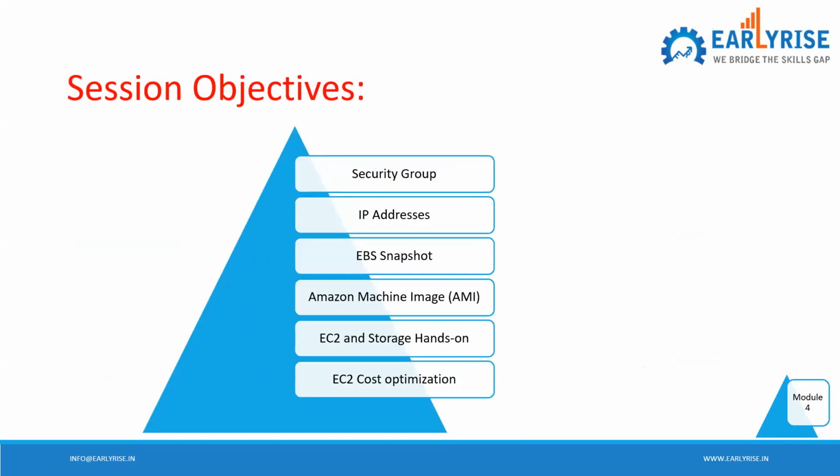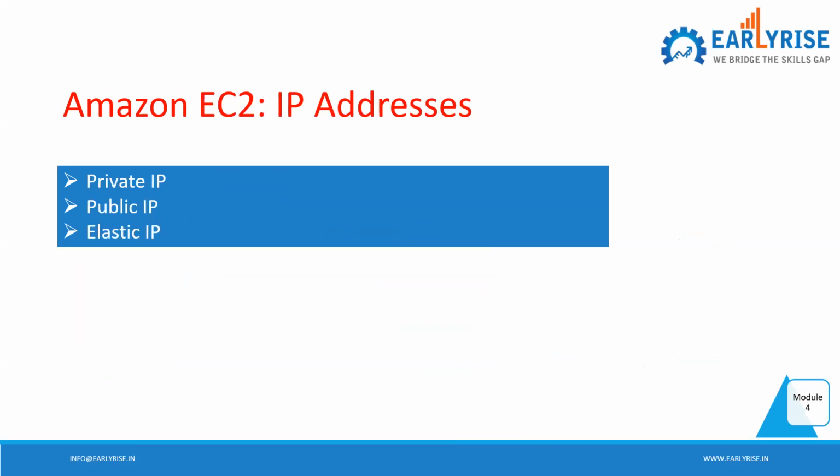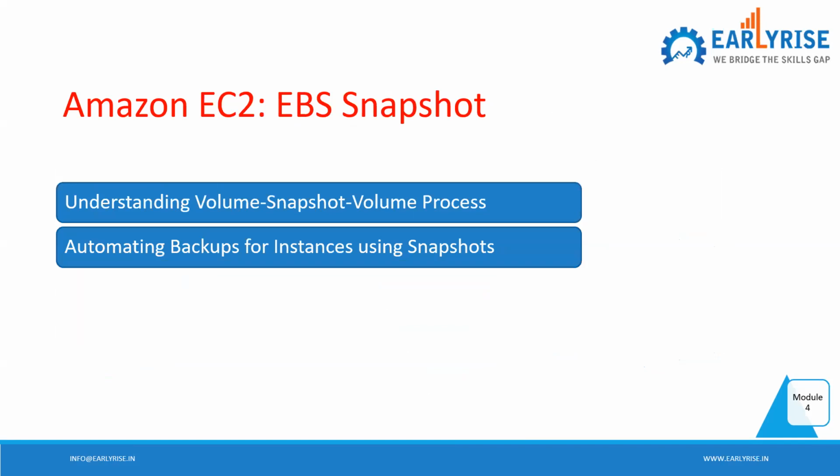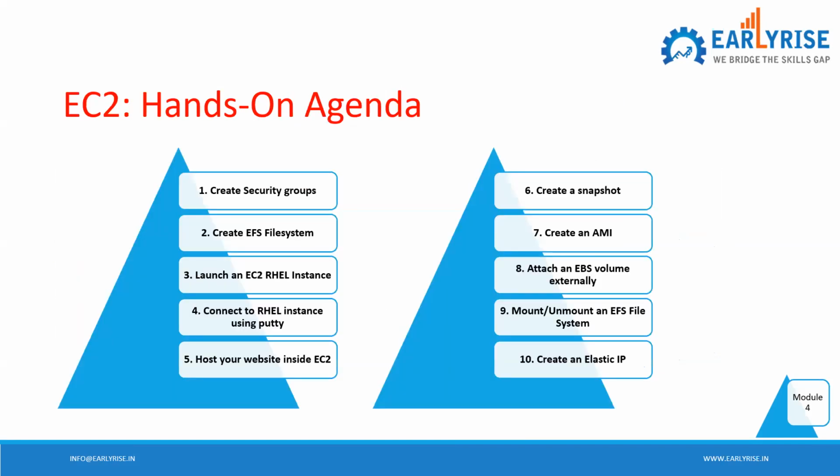So in our previous classes, we discussed security group, IP addresses, like private, public, and elastic IP addresses, and then snapshots, AMIs, some features. And in our last session, we were working on certain hands-on activities.